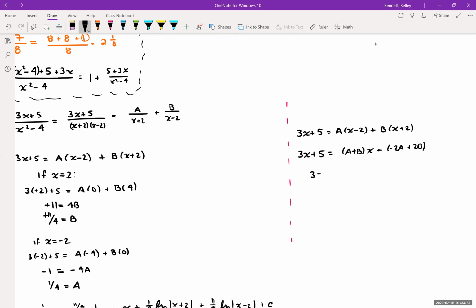So from here I get 3 equals A plus B, and 5 equals negative 2A plus 2B. So if I throw that into an augmented matrix, I get 1, 1, 3, negative 2, 2, 5. And then that will row reduce into 1/4 and 11/4. So that's the other way to do it.